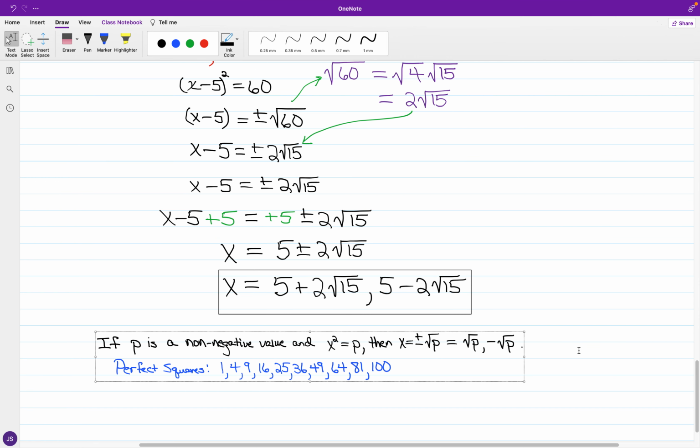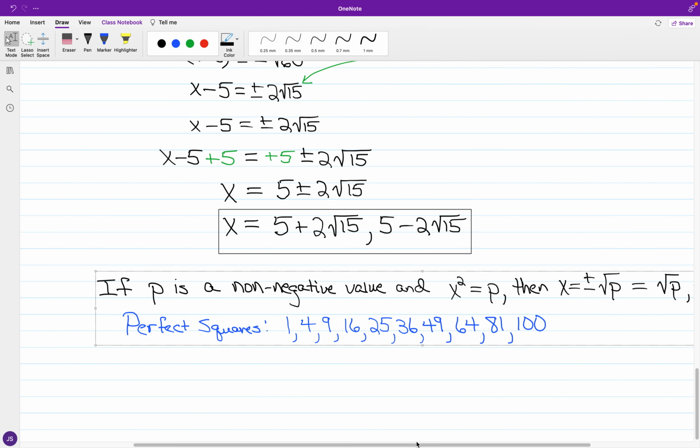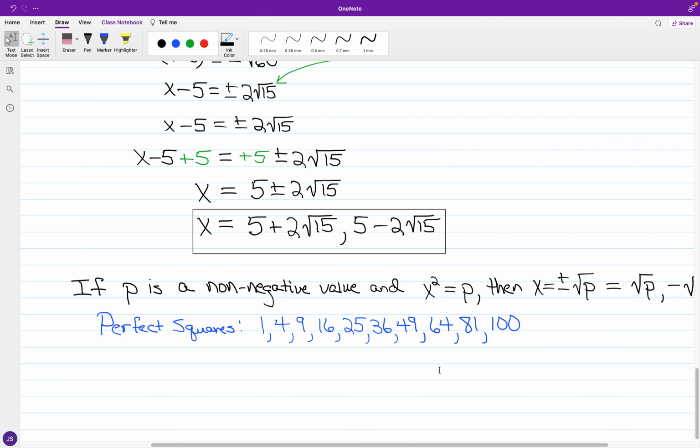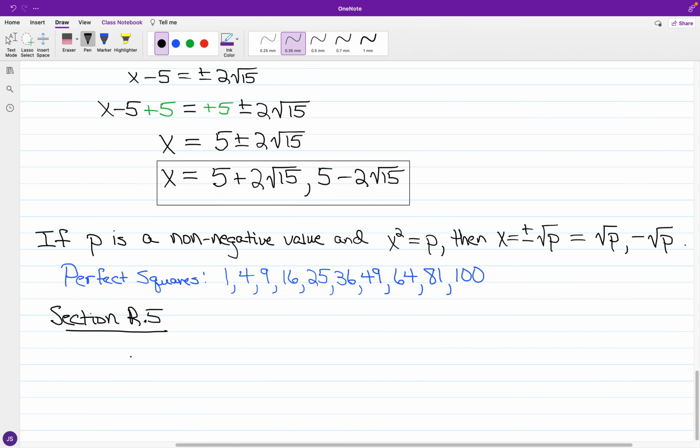So just for the group of problems from section R5, we have numbers 40 and 41. So we got to change up the variables.